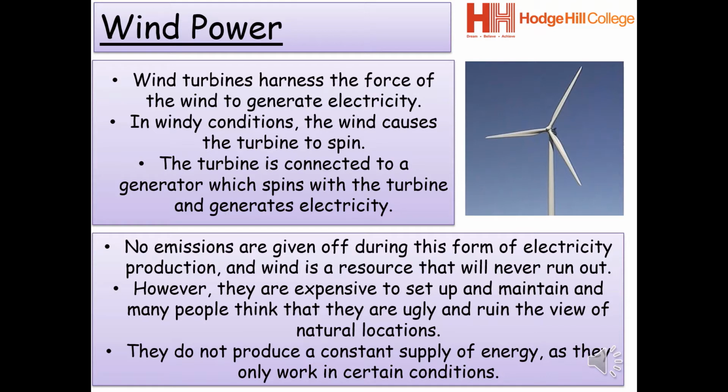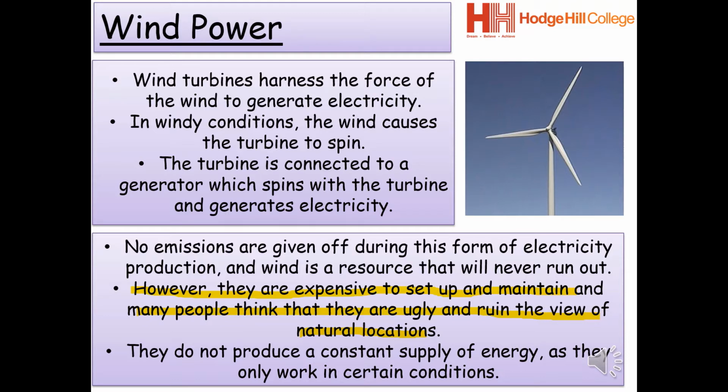So you cannot use wind power where you have only a small amount of wind. They're also very expensive to set up and maintain, and many people think that they're ugly and they can ruin the view of natural locations.